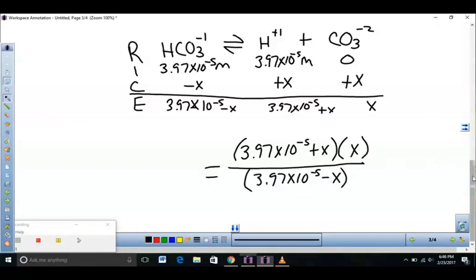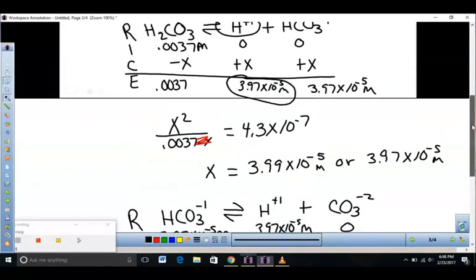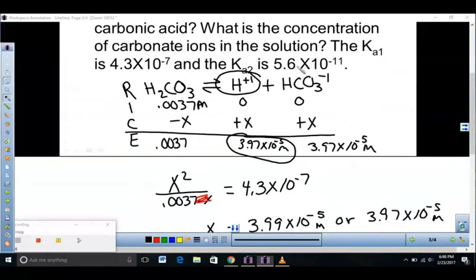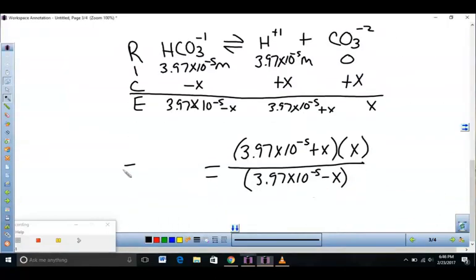And we're going to set this now equal to our Ka2, 5.6 times 10 to the negative 11th power. Well, a second ago, this was to the negative 7th, and I could mark through my minus x. This has now gotten a lot even smaller, so I can get rid of this minus x here.